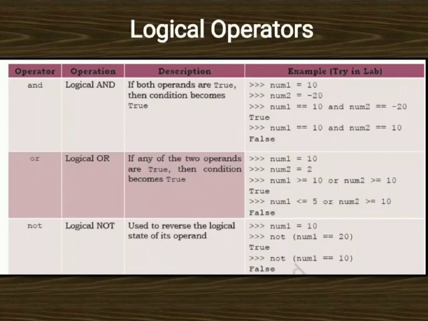The condition comes out to be true. Yes, of course it is true. Second condition, num2 is equal to minus 20. We have inserted minus 20 in num2. So yes, of course, minus 20 is equal to minus 20. In this case, both the statements are true. Then the result comes out to be true.